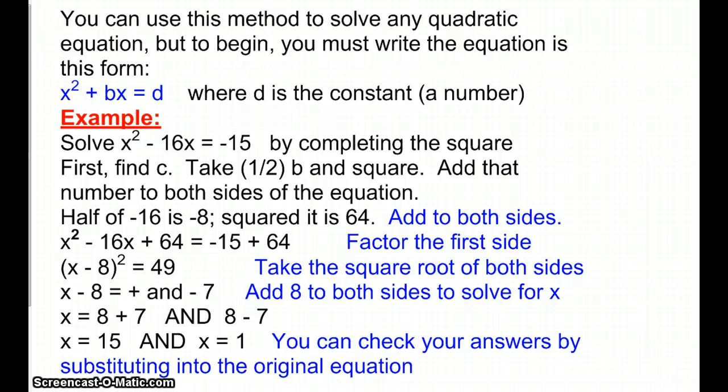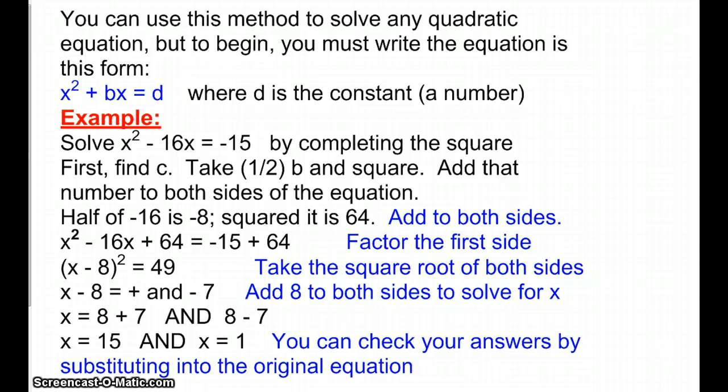factor the left-hand side. So we factored it. It's a perfect square trinomial. It makes it really easy. It's the quantity (x minus 8) squared, and that equals 49. Take the square root of both sides. This is what you did in the previous section. We solved square roots, right? So we're going to have x minus 8 equals plus and minus 7.